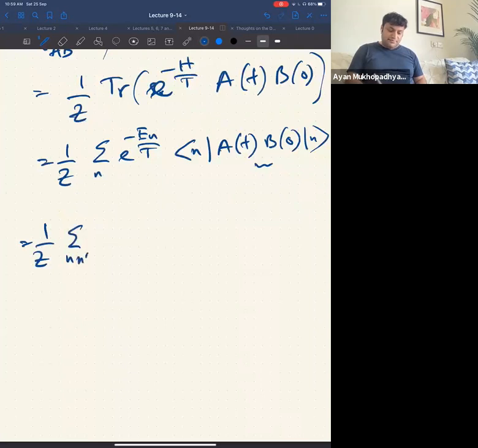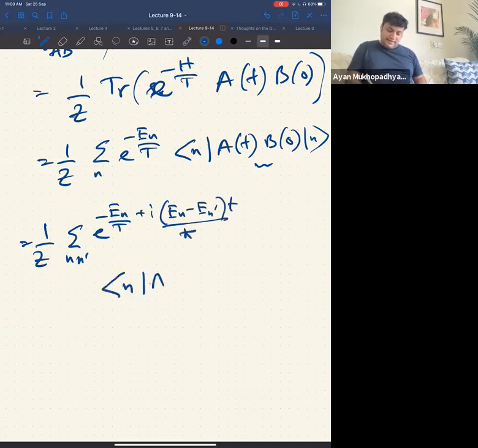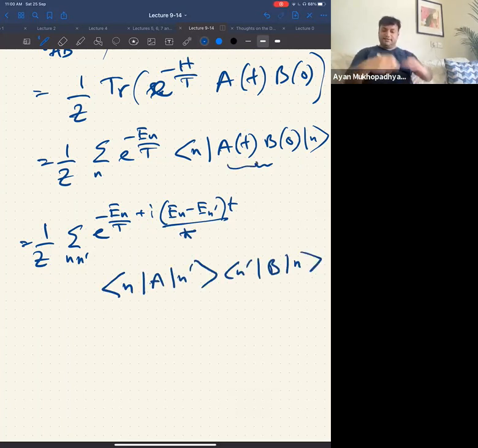It is 1 over Z, sum over n and n prime, and it should be obvious what I am doing: e to the power minus E_n over T, plus i (E_n minus E_n prime) t over h bar, then <n|A|n prime><n prime|B|n>. So I've simply written A of t as e to the power minus i H t over h bar. I hope you're able to follow this. Are you able to follow this step to this step?